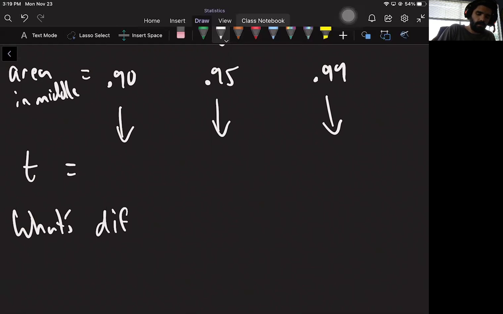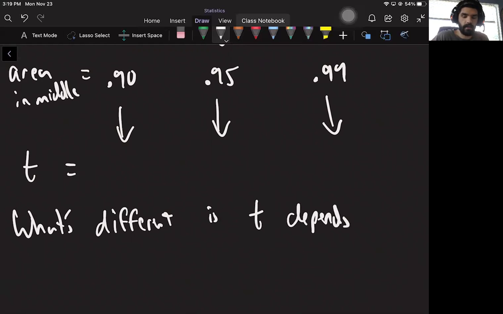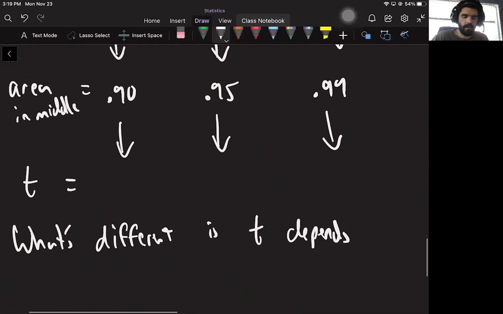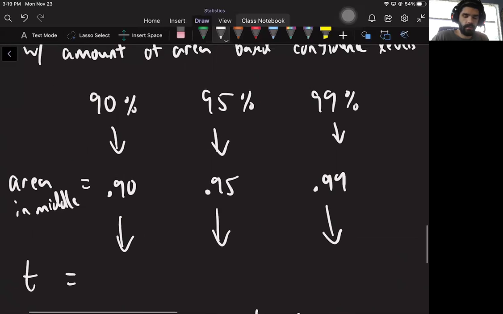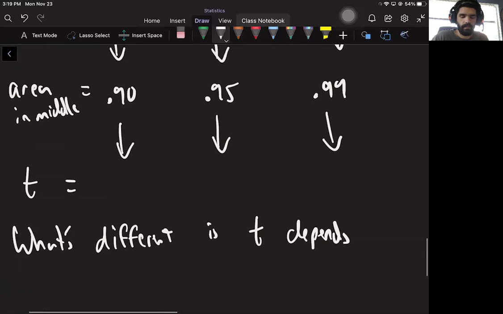So what's different is that t depends on sample size. For z-scores and critical values, the z-score was always the same for each percentage. Like 95% confidence always goes with z equals, I think it was 1.96.